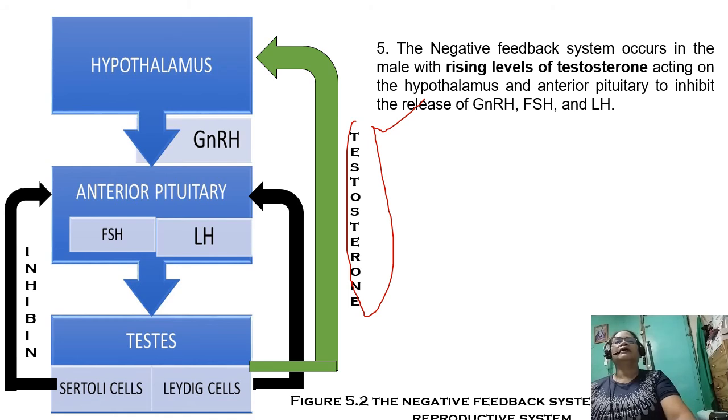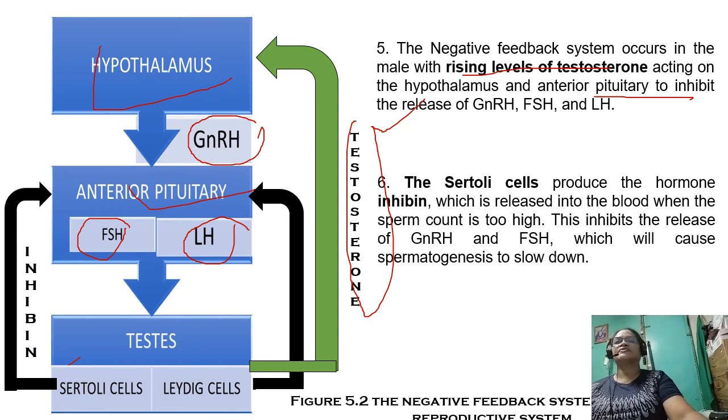So let's look at figure 5.2, which is the negative feedback of the male reproductive system. The negative feedback system occurs in the male with rising levels of testosterone acting on the hypothalamus and the anterior pituitary to inhibit the release of GnRH, FSH, and LH.